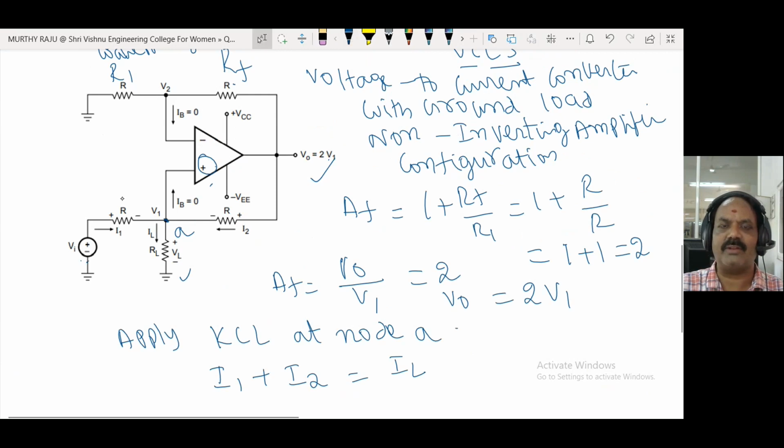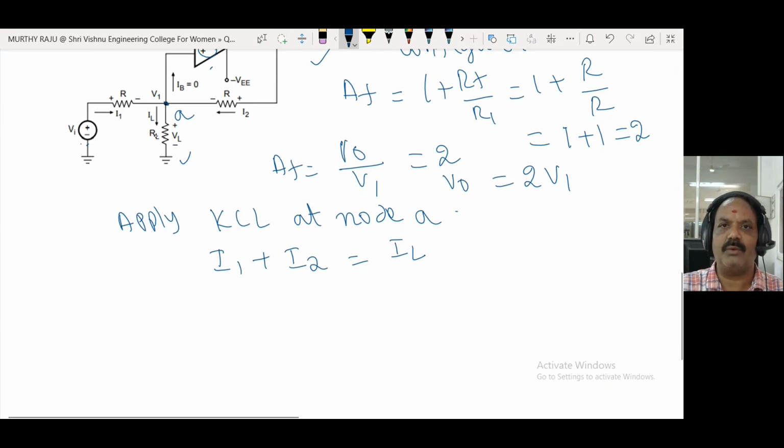This is the actual circuit, the voltage to current converter with ground load. Ground type means the load resistance RL is connected to ground. Apply KCL at node A. At node A, I1 and I2 currents are entering that node. IL current is leaving the node.